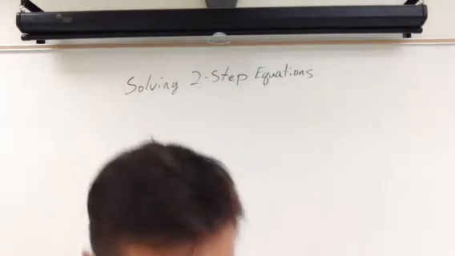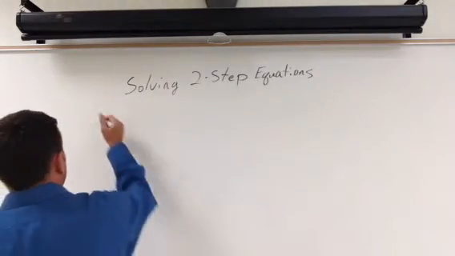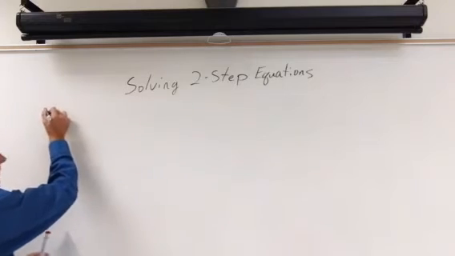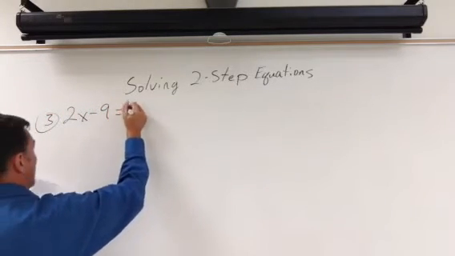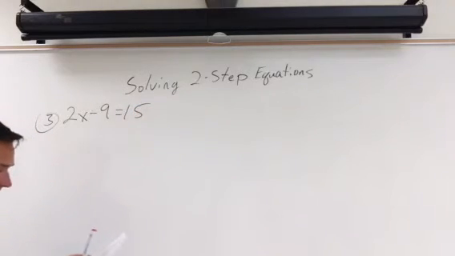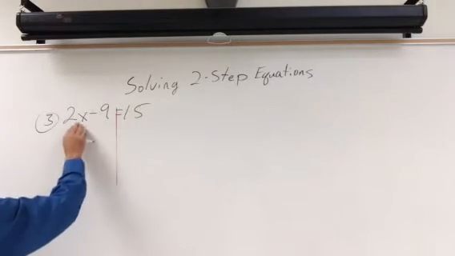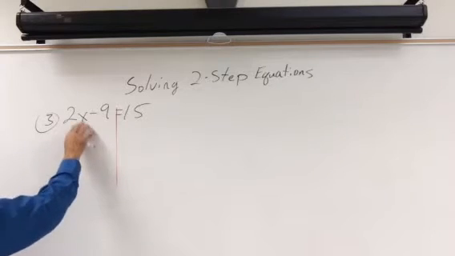So number 3 is 2x minus 9 equals 15. Now again, I can draw the line down the middle of the equal sign. The variable is on the left-hand side.